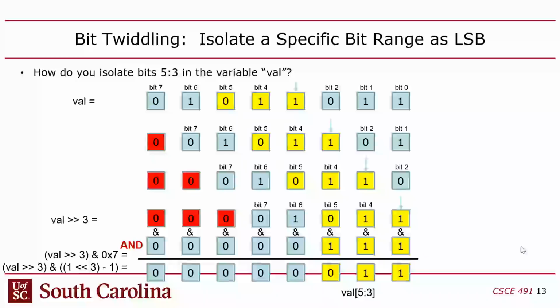If you take 1 and shift it by 3 bits, you get 8. Then if you subtract 1, you get 7, which is 1, 1, 1, 3 bits. Now, the nice thing about this is that 3 could be a 4, and you'll get 4 bits, or you can put a 5. This becomes a flexible expression. You can plug in whatever value you want here, and you'll get that many 1 bits out of it.